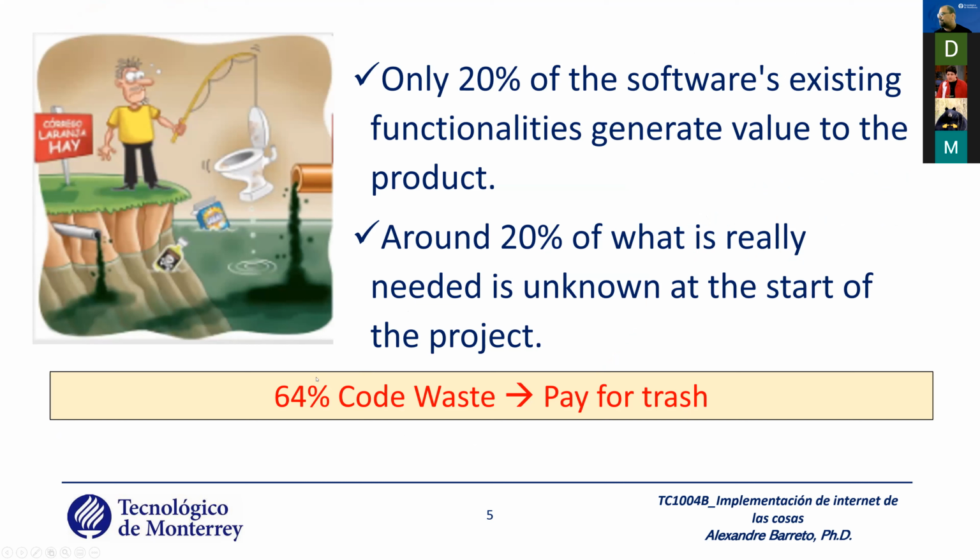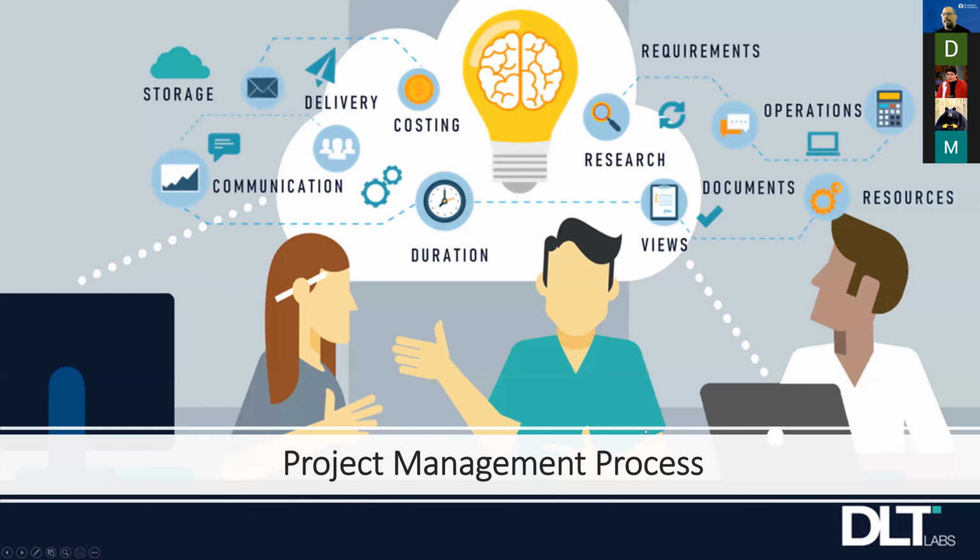Around 64% code waste, you pay for trash, the things that you never use, and it's the reason to use a process to manage a project, okay? To decrease the waste.